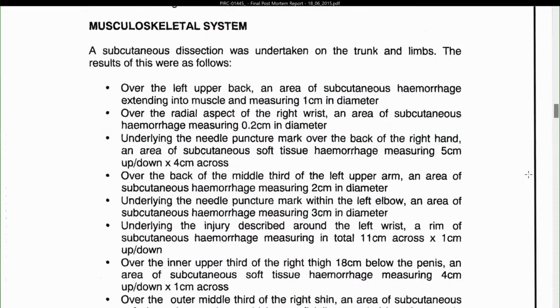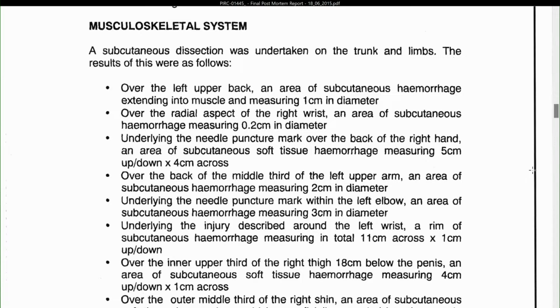And then going back to, we'll come back to the issue with the rib in a moment. Going back to your report, we see you go back to abdomen, and then you return to musculoskeletal system, and those are exactly the same as your original report. Yes.